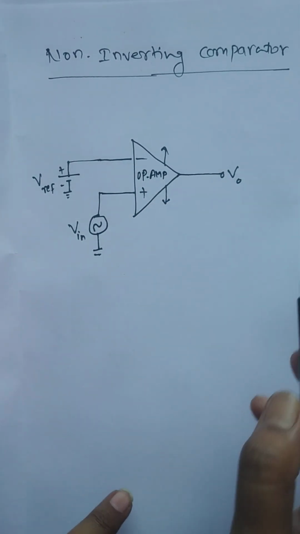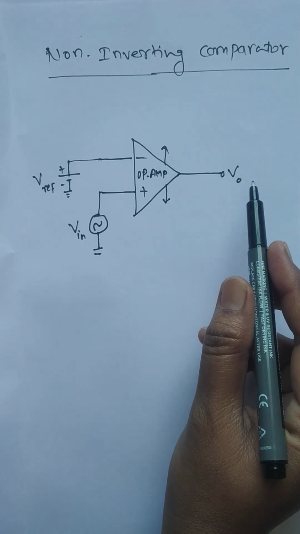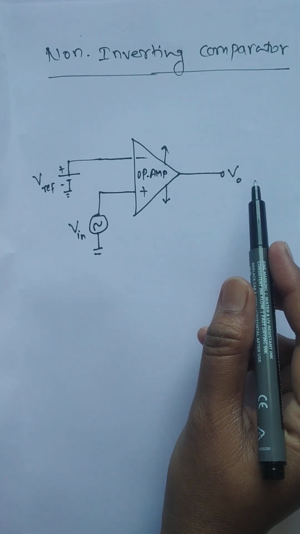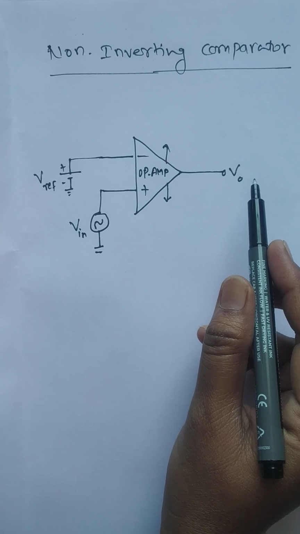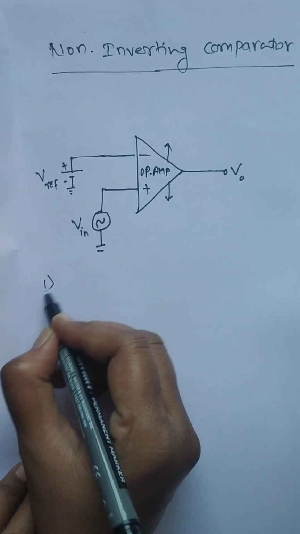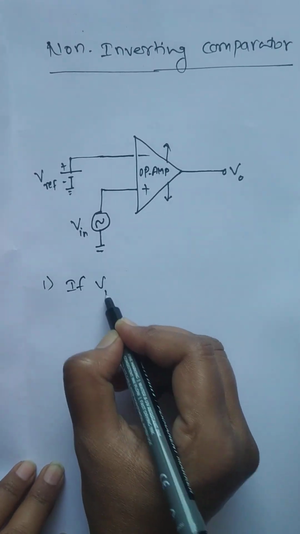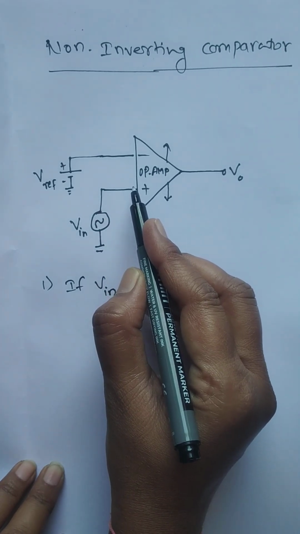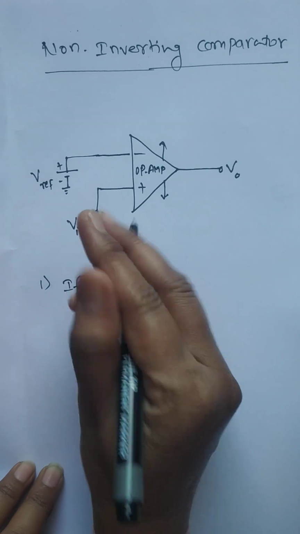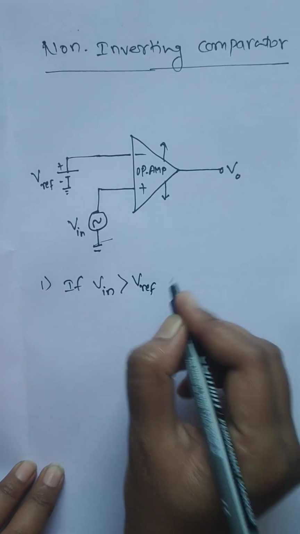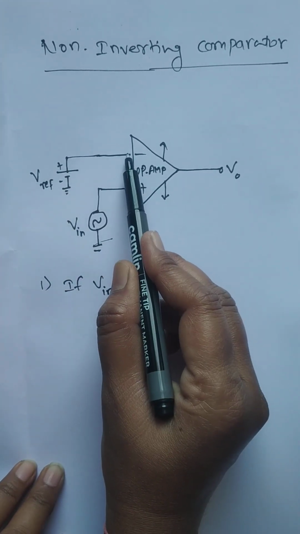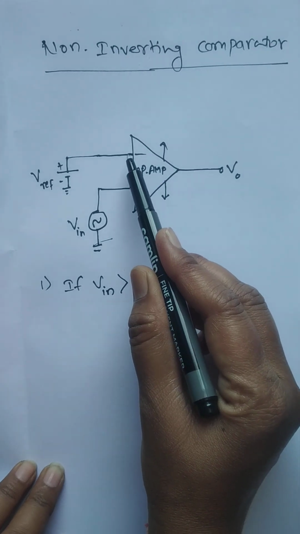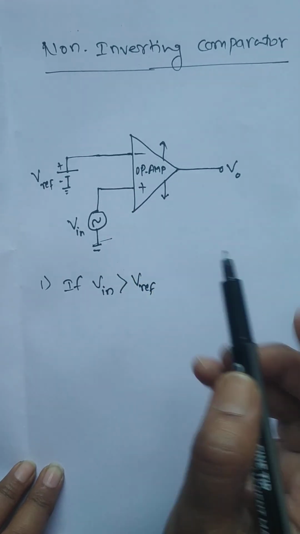So again, here also let us see its operation. Now it must be clear, its output voltage can be either high output voltage or low output voltage. Again, as V in is applied to the non-inverting terminal, if V in is greater than V reference, that is the voltage applied at the inverting terminal, there will be a comparison of these two voltages.